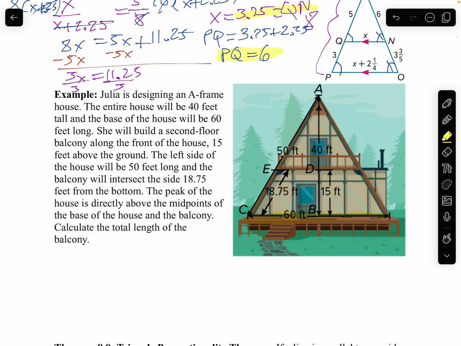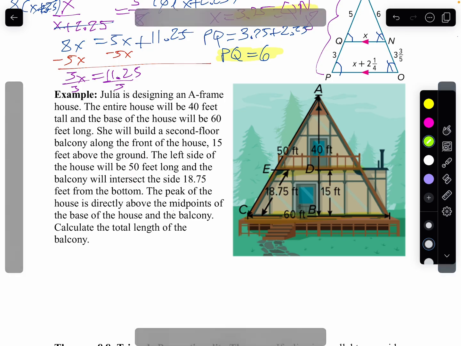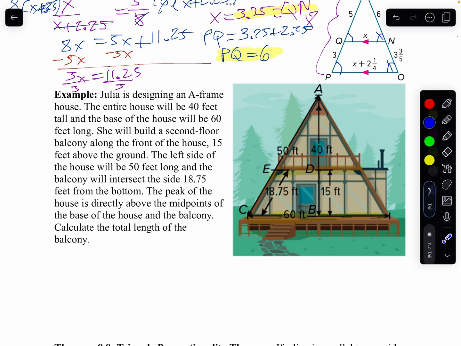So in other words, I want to find, let me change colors here, I want to find this length here, ED. And you can't really see that. But what I'm going to do is compare my triangle AE and my big triangle.